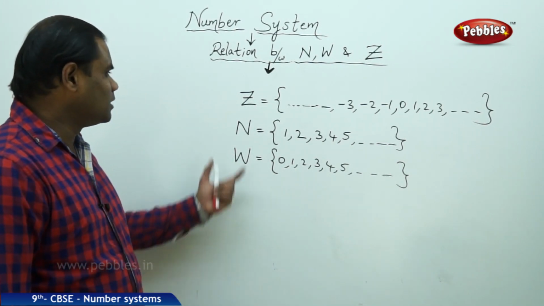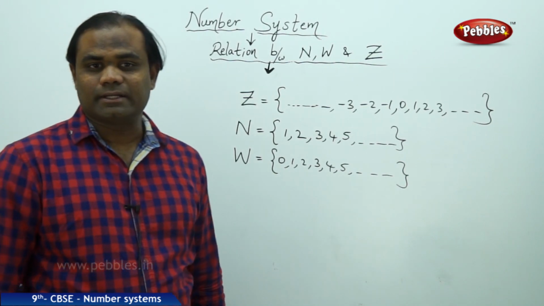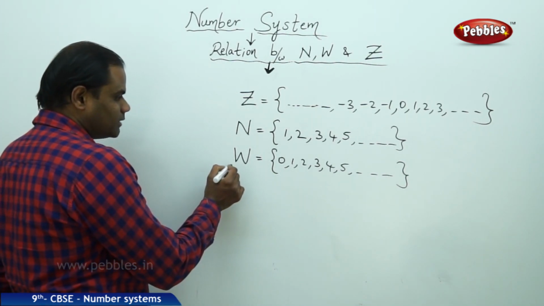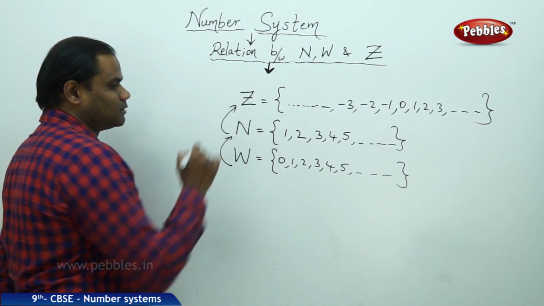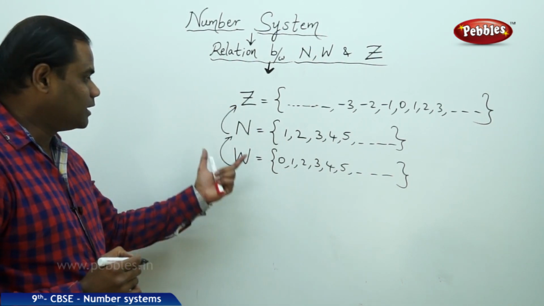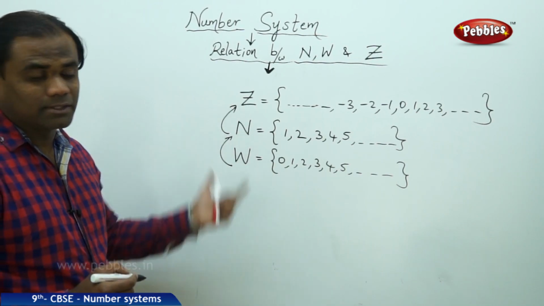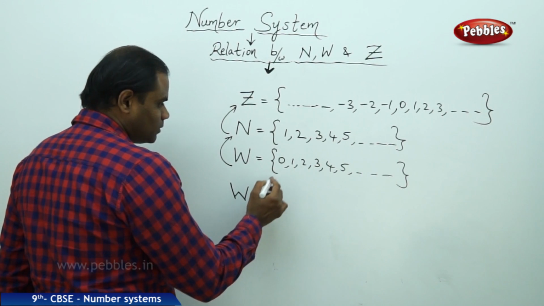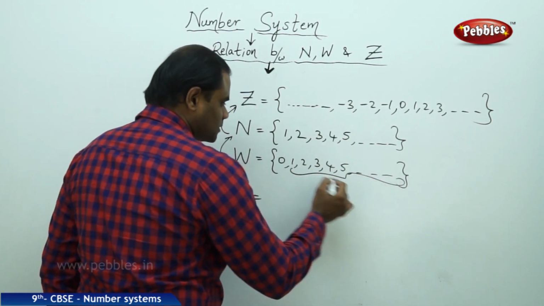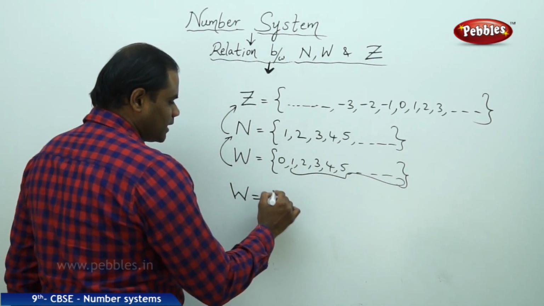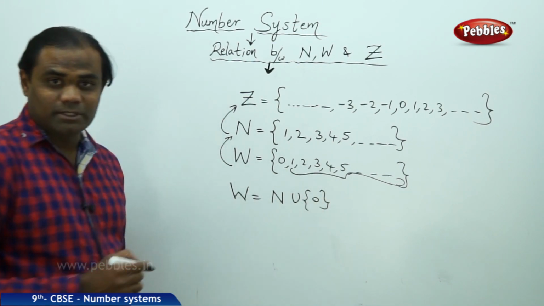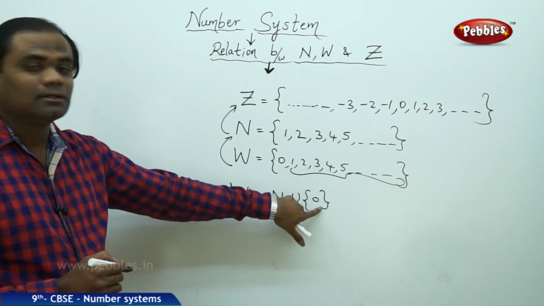Now let's see the relation between Z, N and W. Let's start from W, then N, then Z, and make a relation between W, N and Z. I clearly see that W is all natural numbers including 0, so I can write this as N union the singleton 0.